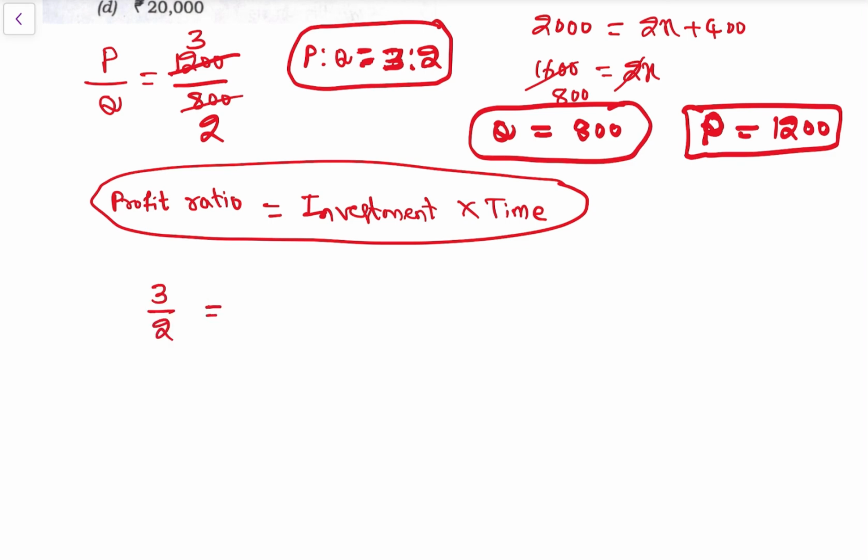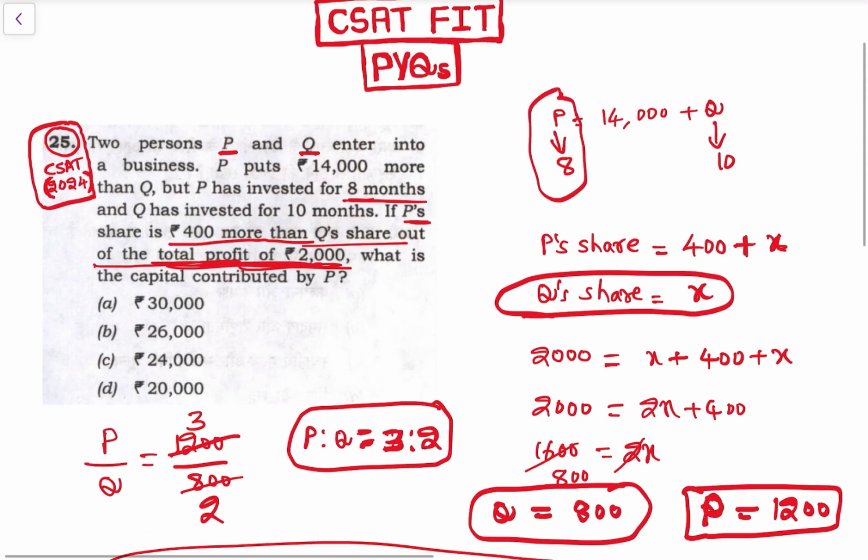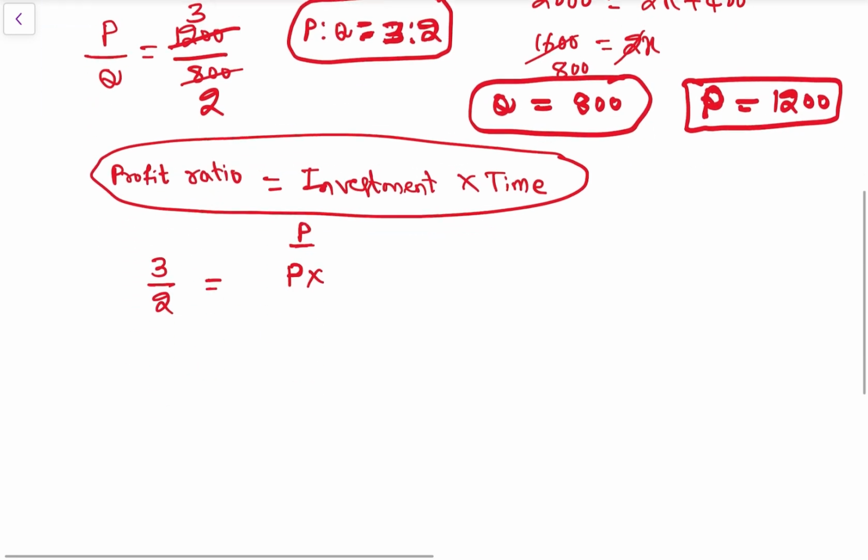Now the profit ratio of P to Q, 3 is to 2, is given. The profit ratio is investment into time. So the investment of P, let's assume it as P, into time. P is investing for 8 months, so time is 8 months.